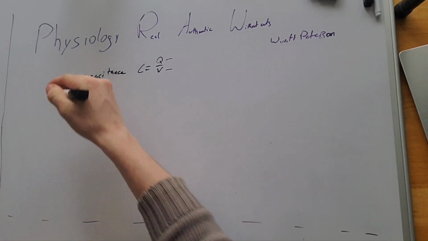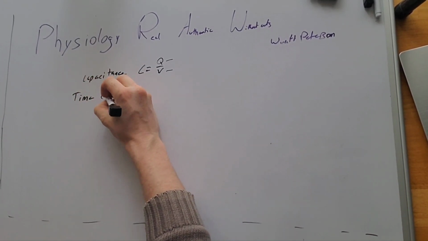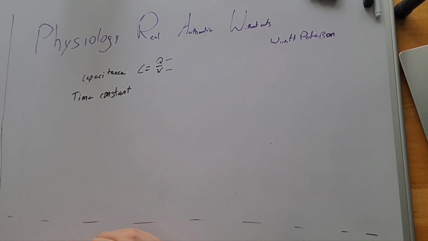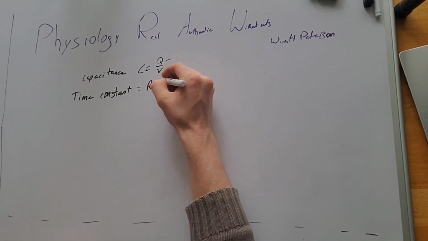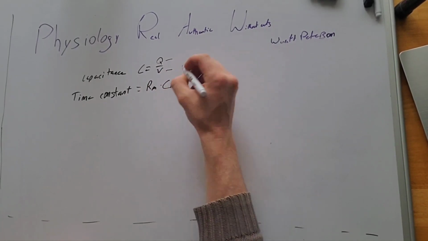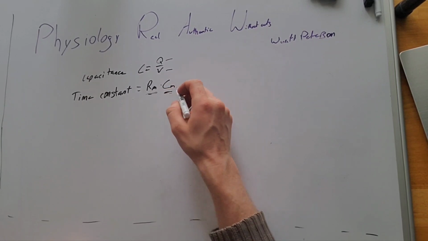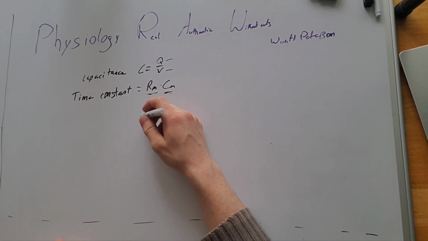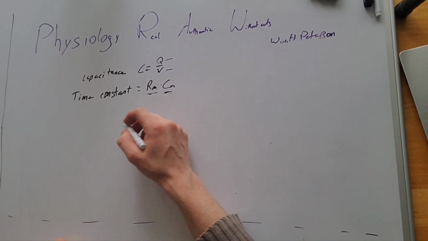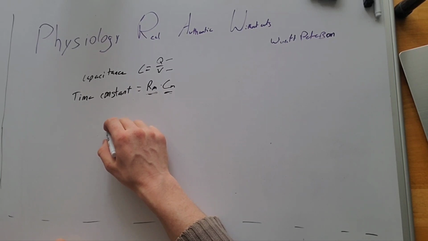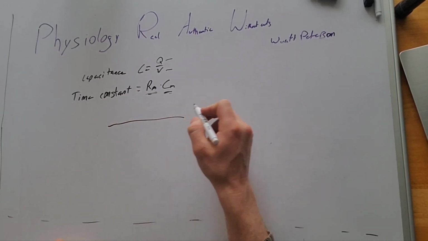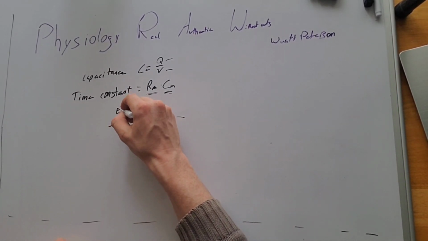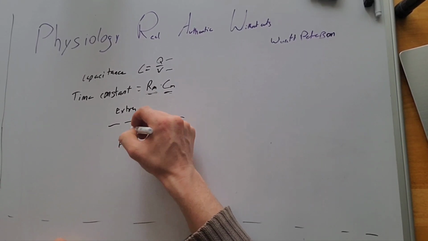So we have a time constant. That's the next one. Time constant is equal to Rm times Cm. So this is the resistance of the membrane times the capacitance of the membrane. So resistance of the membrane, from how I understand it, is if you have a membrane, there's little holes every once in a while. So this is extra, intra.